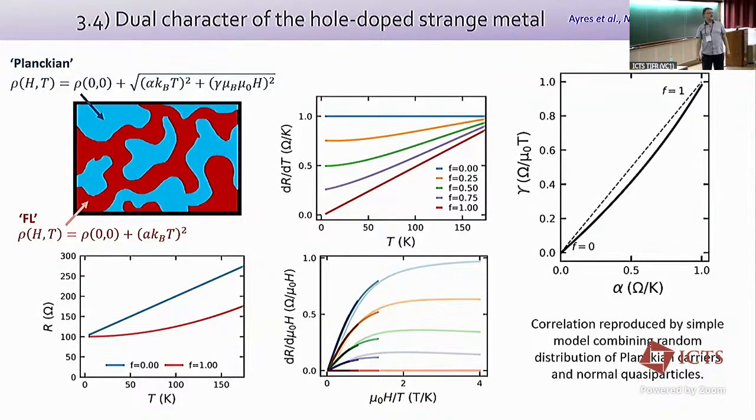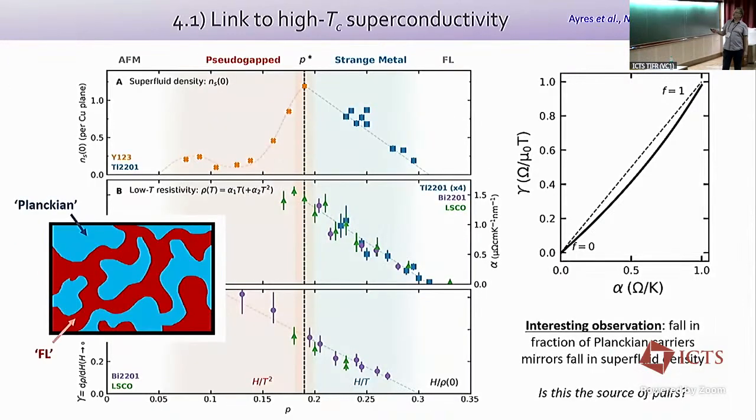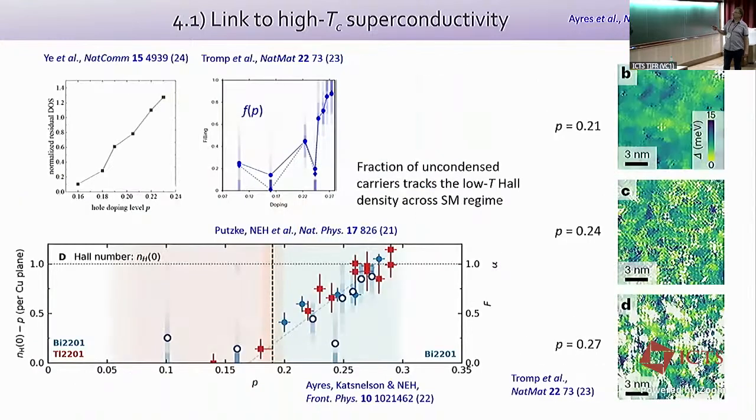Is it possible to do STM right from the overdoped towards 0.19 and see whether the red region is shrinking? I showed this STM data here. This isn't quite getting towards p star, but it's getting close. So those regions of non-superconductivity are getting very small.